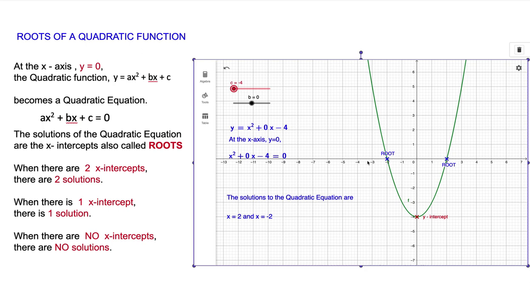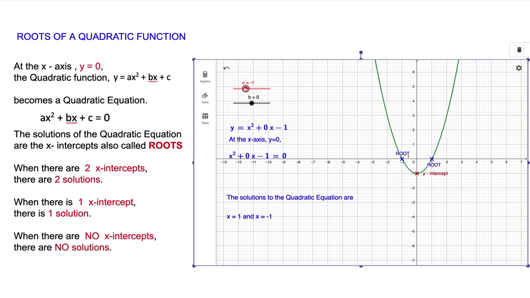So when we have the curve where b is 0, that means you don't have any x term, then the curve is symmetrical about the y-axis, and we have a difference of two squares. We have another example here, x squared minus 1, which is also a difference of two squares.